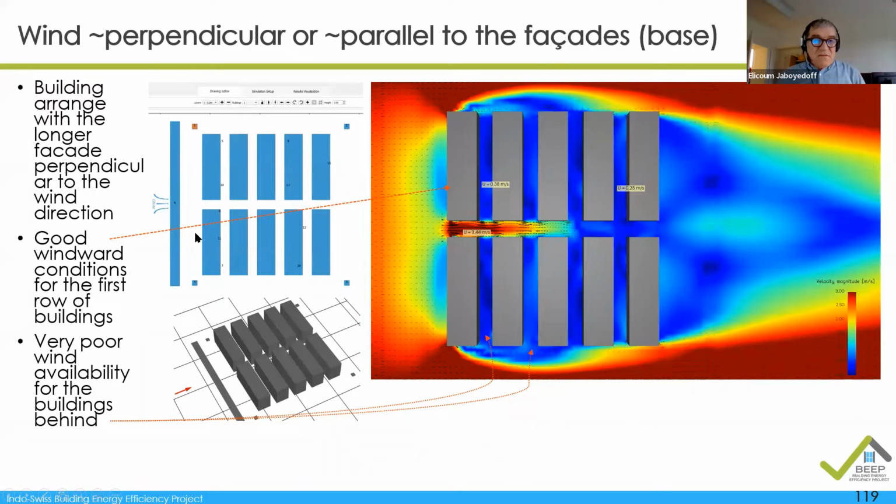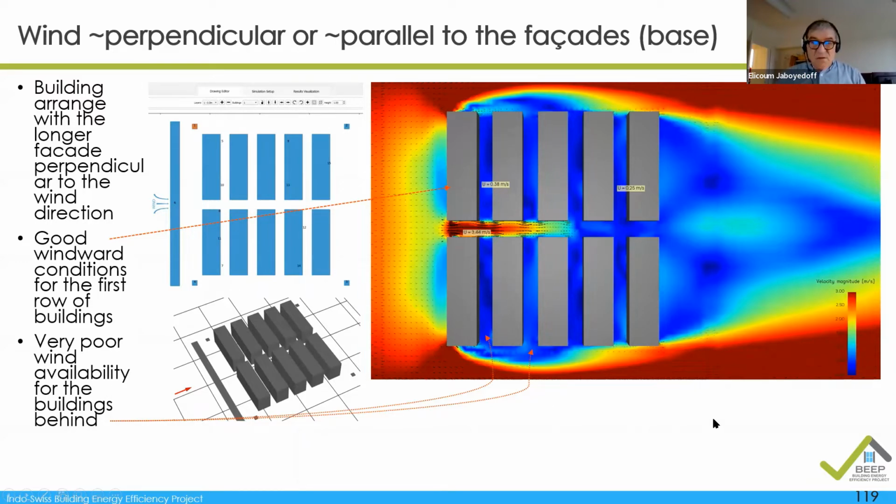Then if we have good windward condition for the first row of buildings here, you can see that the other buildings, if you look at the colors, if you think that the dark blue is almost no wind and 3 meters per second is the dark red, you can see that you only have good velocity reaching or passing in between the buildings only for the first 2 rows, but there is absolutely no velocity between the buildings.